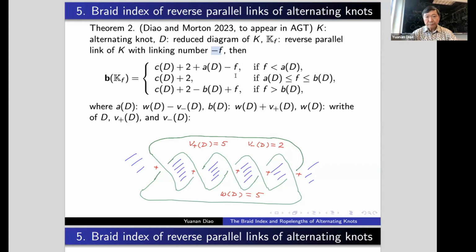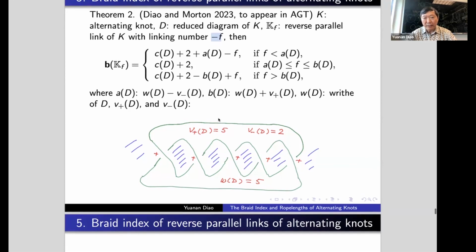So the formula basically says there are two quantities we define, A(D) and B(D). A(D) is the rise of the diagram minus V minus of D. B(D) is the rise plus V plus of D. Now, what is V minus and what is V plus?